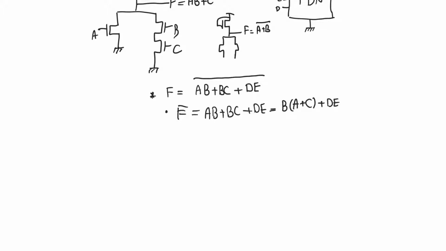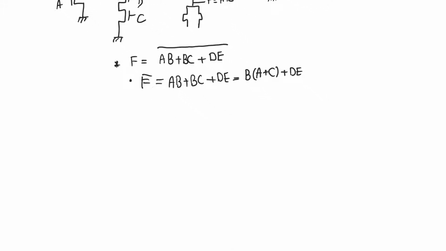Then we take the expression of F bar and we implement this expression using NMOS transistors, where every AND is translated into a series connection and every OR is translated into a parallel connection. And so we have B in series with A and C, both of which are parallel with each other, right?